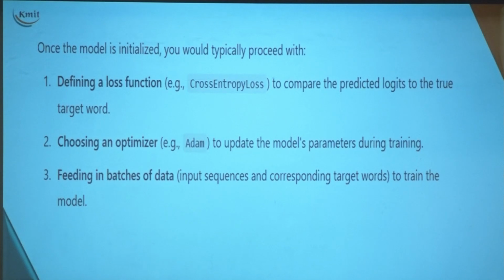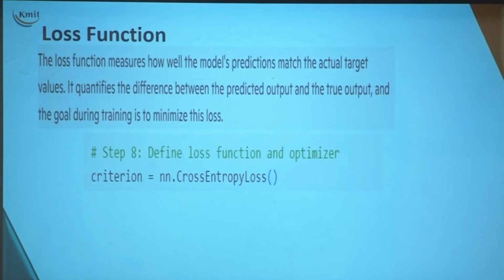Defining a loss function, here we are using cross entropy loss function because it is a multi-category classification. Now, choosing an optimizer, we are choosing Adam to update the model's parameters. We are feeding in batches of the data to train this particular model. So again, what does the loss function do? Quickly. Difference between predicted output and true output.